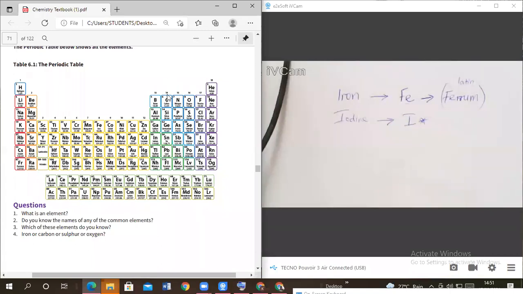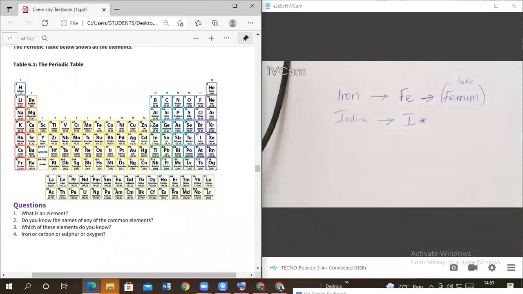Non-metals take over from 4, 5, 6 up to 8. That's where you find non-metals. Now, all these in the middle here, you see this gap? All this gap from here up to here, we have elements that are called transition elements.